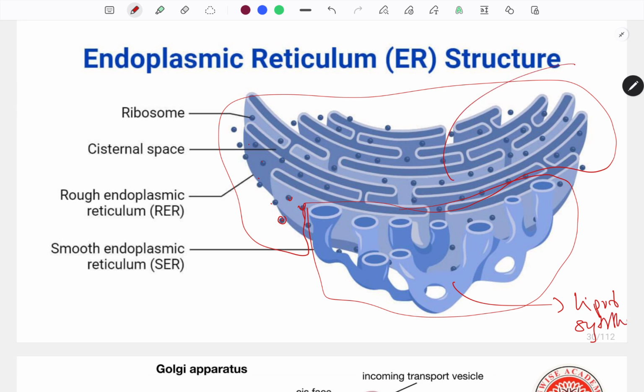Foldings are also present inside, and these foldings of the endoplasmic reticulum are called cisternae, and the space is called the cisternal space.